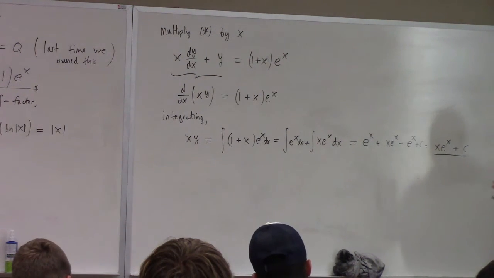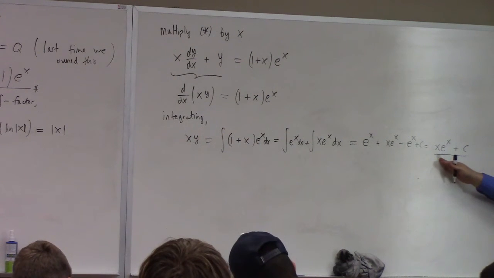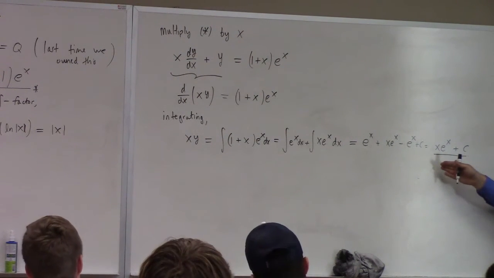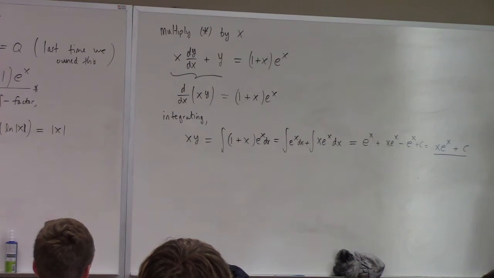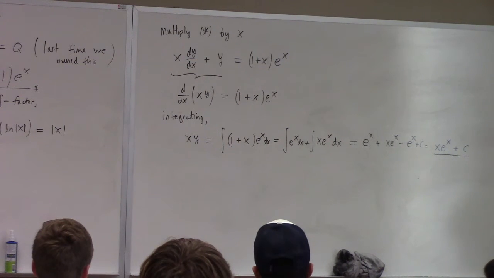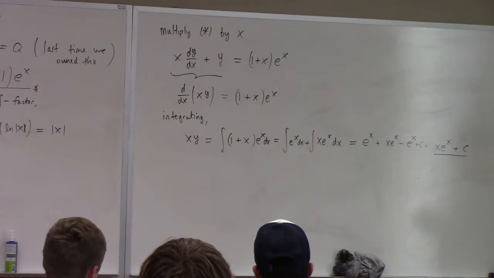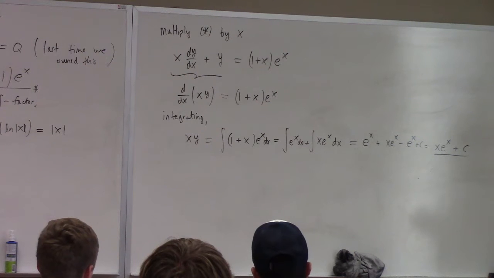Now, we can check, right? If you differentiate the answer, do you get back 1 plus x times e to the x? What happens if we differentiate x times e to the x? What do you get? X squared dx.